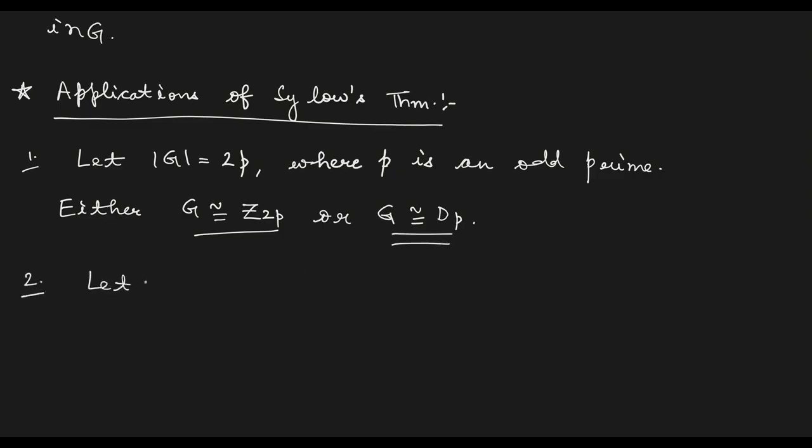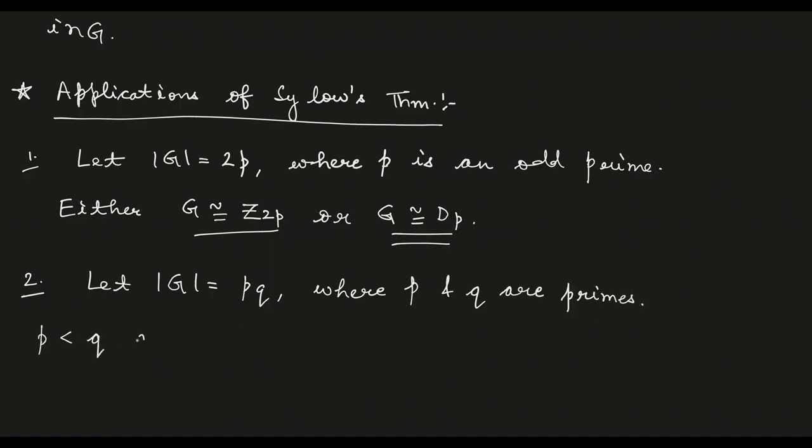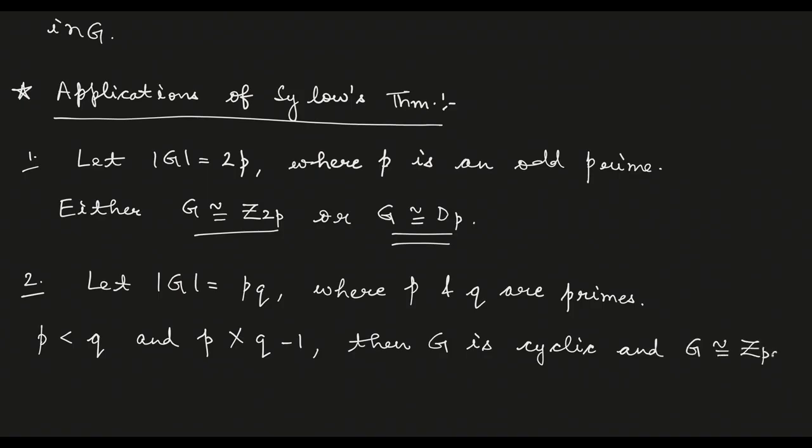Second, let the order of G be PQ, where P and Q are primes, P is less than Q and P divides Q minus 1. Then G is cyclic and G is isomorphic to ZPQ.